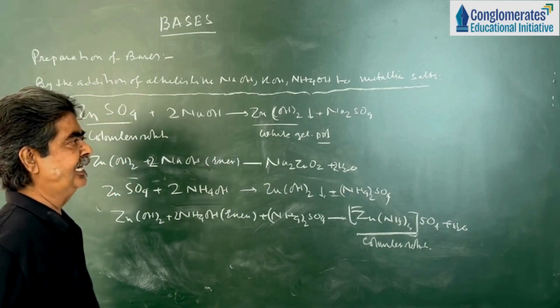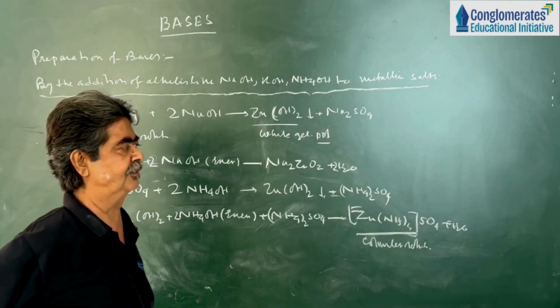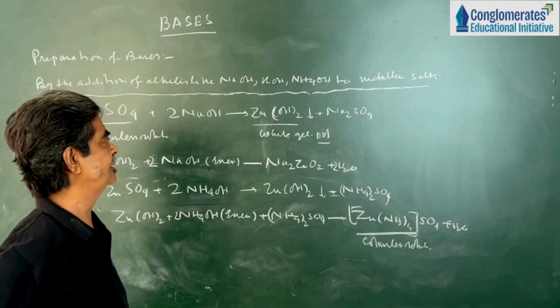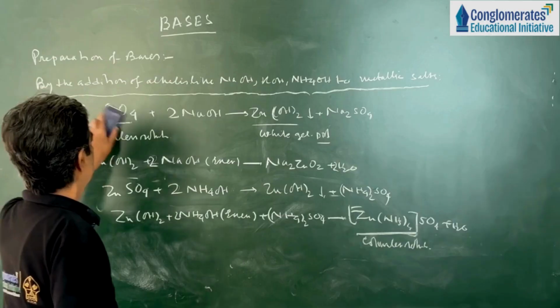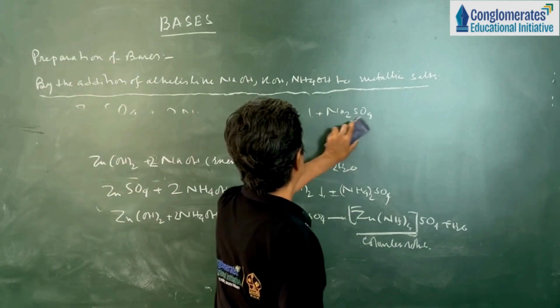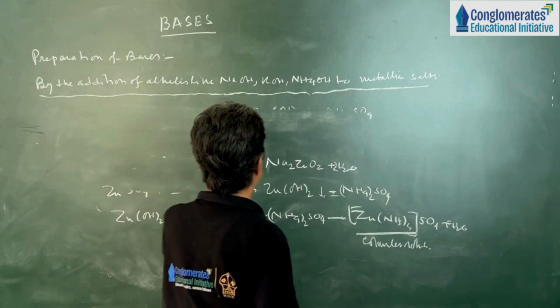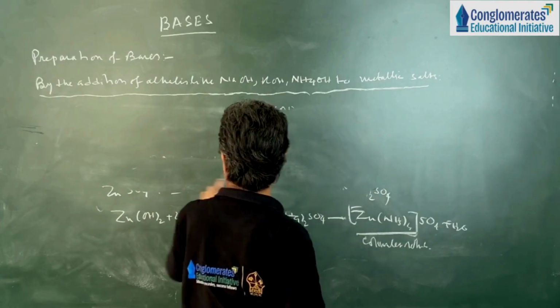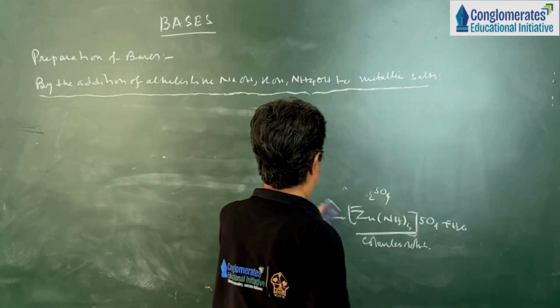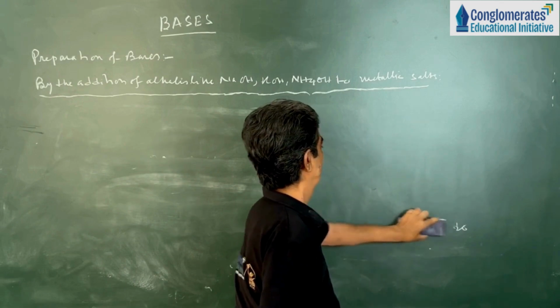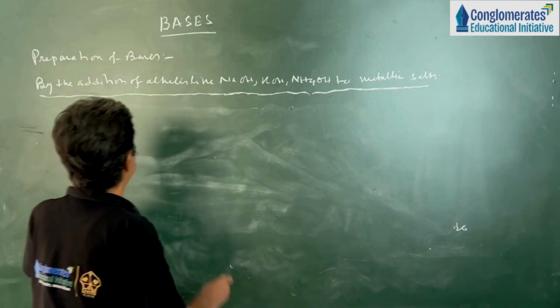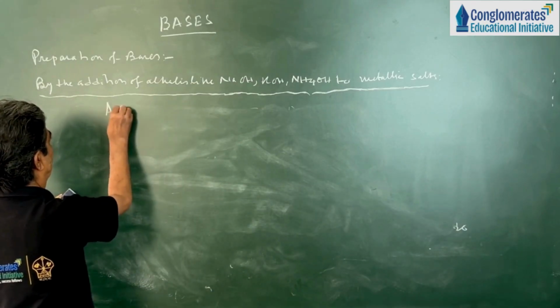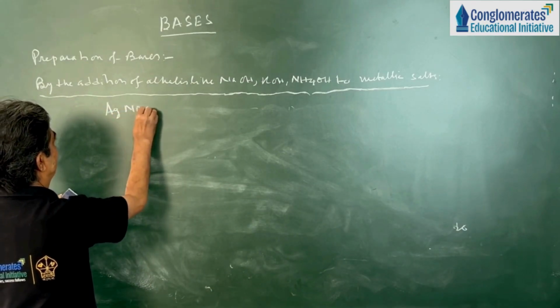So we discussed zinc ion and copper ion, or zinc salts and copper salts. Next I discuss the silver salts. Now silver nitrate.